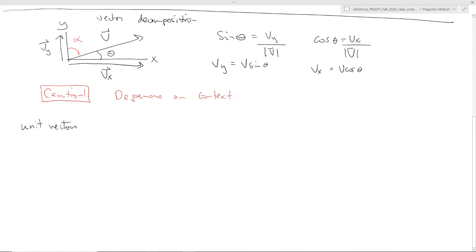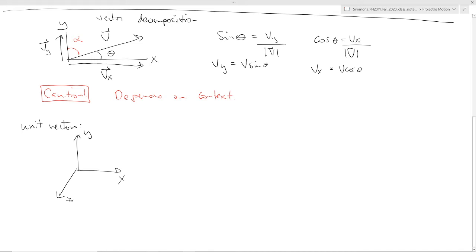You may or may not have seen this, but let's imagine our coordinate system in 3D. There are different conventions, and the convention that we're going to use and that your textbook uses is to use i, j, and k hat to indicate x, y, and z respectively.